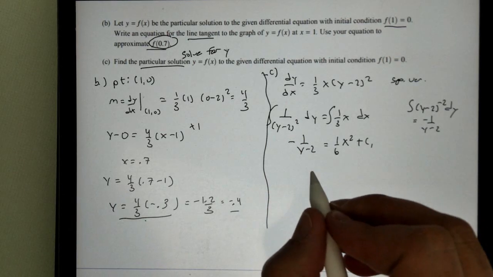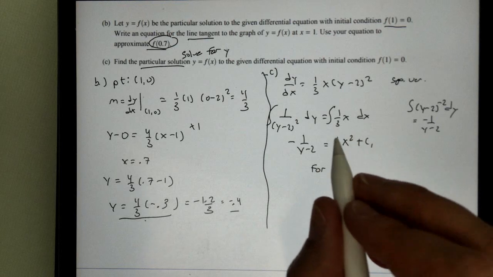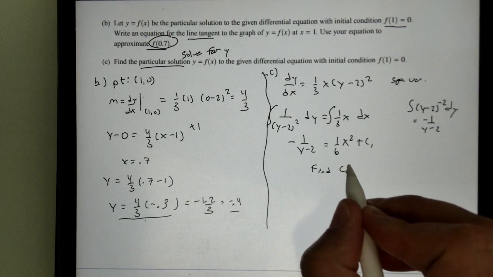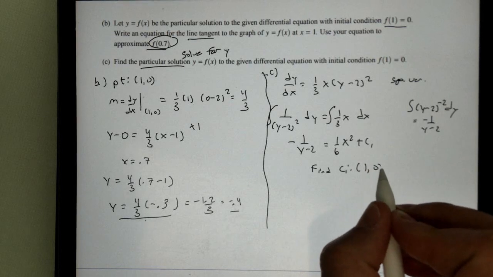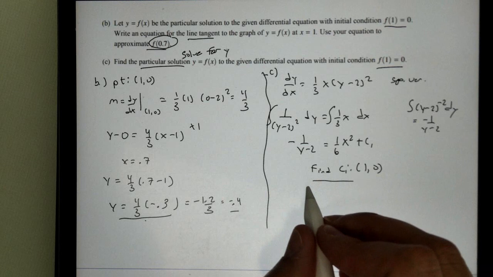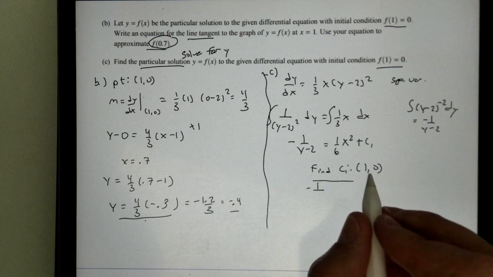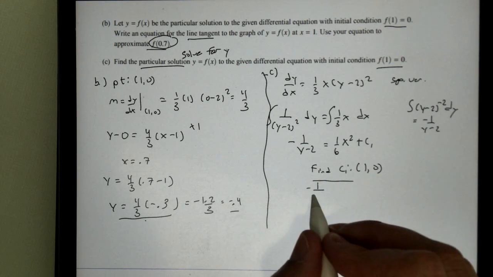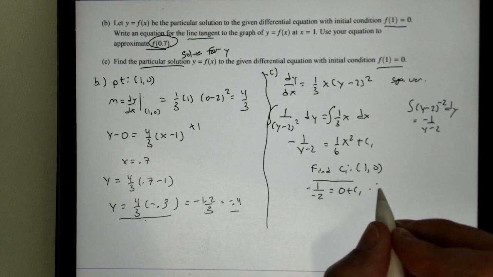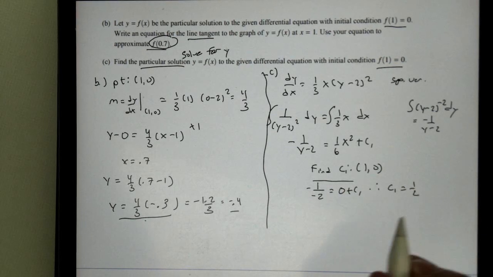All right, so at this point, I'm now going to solve for C. Given the initial condition they gave us, (1, 0) again, I'm just going to plug it in. If I plug it in, I'm going to get negative 1 over (0 minus 2) equals 1/6 plus C. So therefore, C is 1/3.